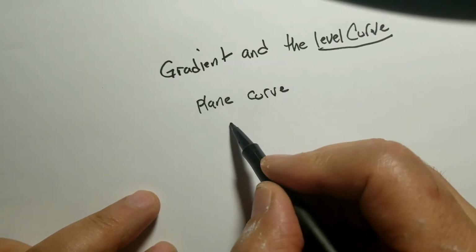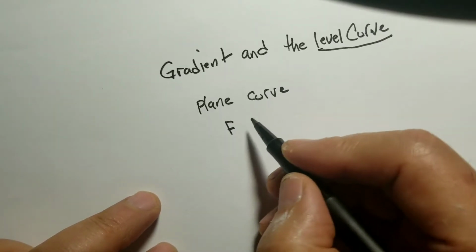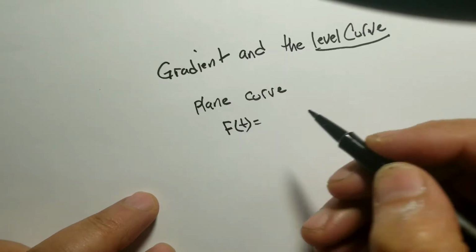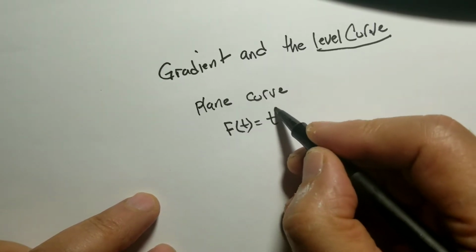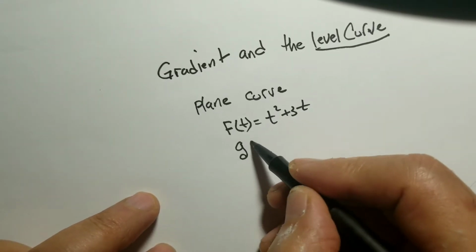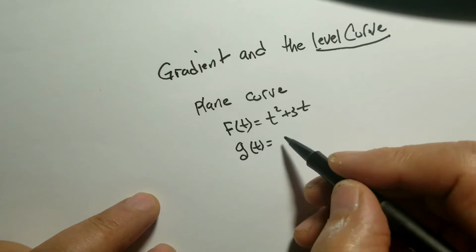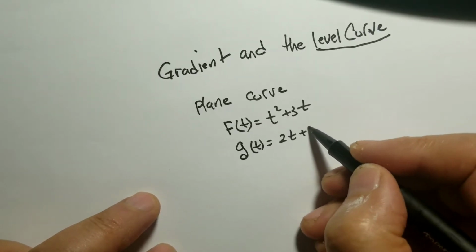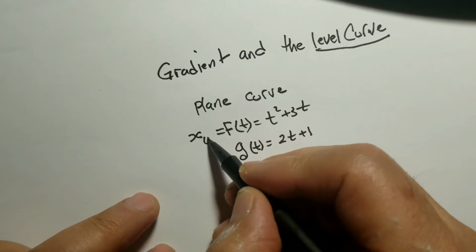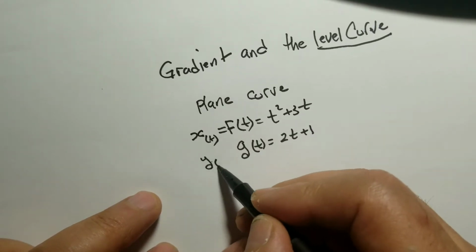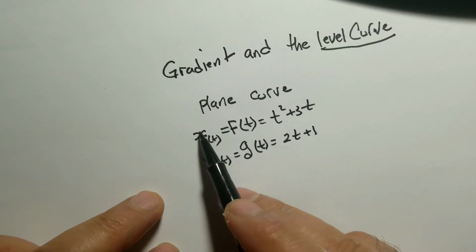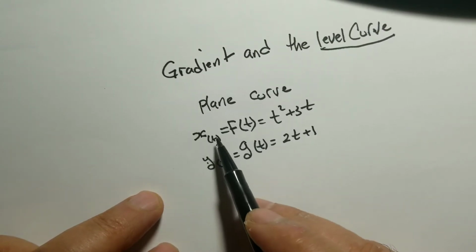A plane curve is when you have two functions. One is a function of t, such as t squared plus 3t, and you have another function of t. That's called the x quantity, and that's called the y quantity, meaning x and y both depend on t.